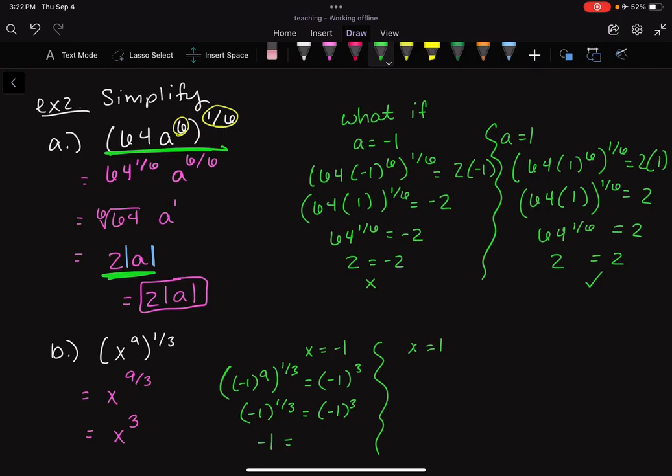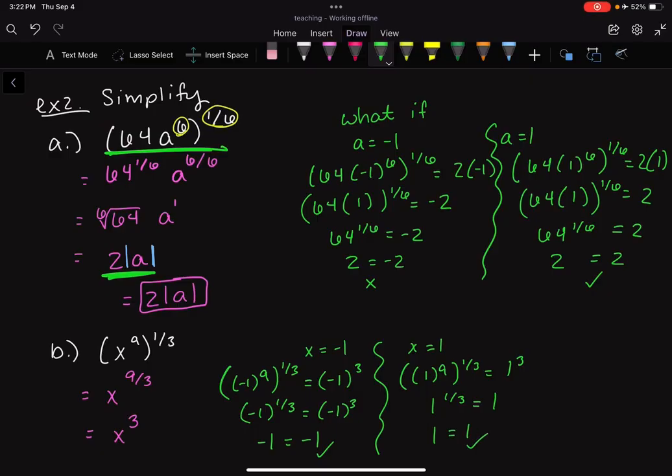That's still -1. -1 cubed is -1. So this checks out. If I plug in +1, I get 1 to the power of 1/3 equals 1. Yep, this one is also working.